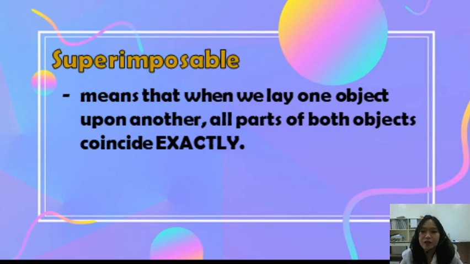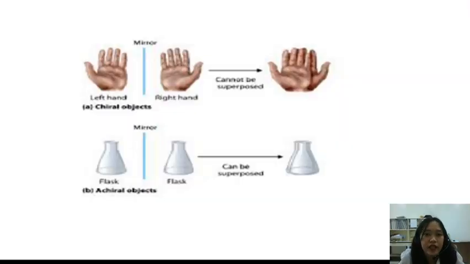When you say superimposable, this means that when we lay one object upon another, all parts of both objects coincide exactly. So, ayan, you have your left hand and your right hand. Your left hand is the mirror image of your right hand and vice versa. Okay. But when you place them on top of each other, they cannot be superposed or they are not superimposable.